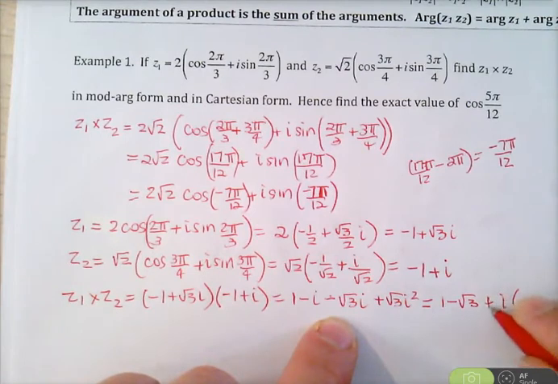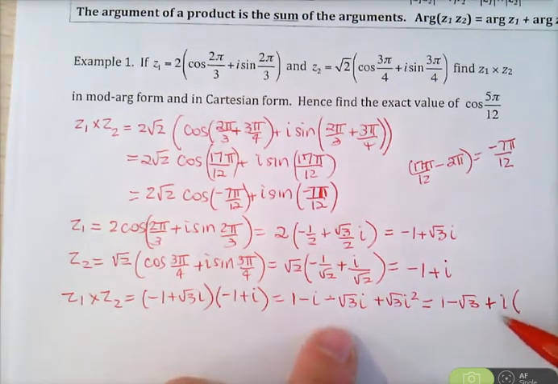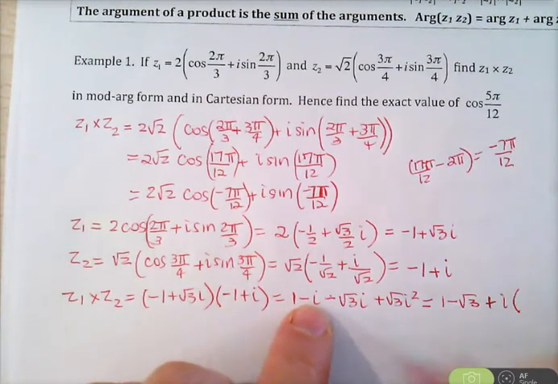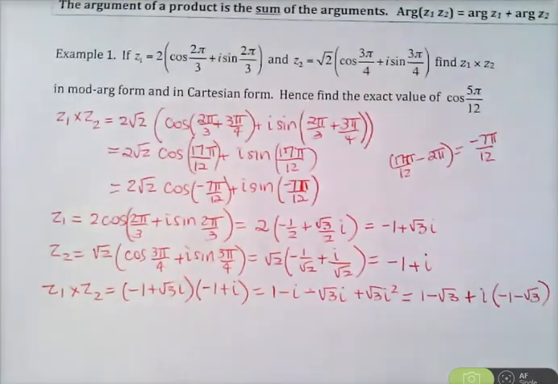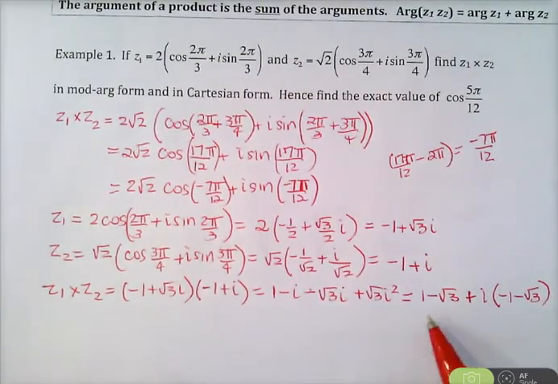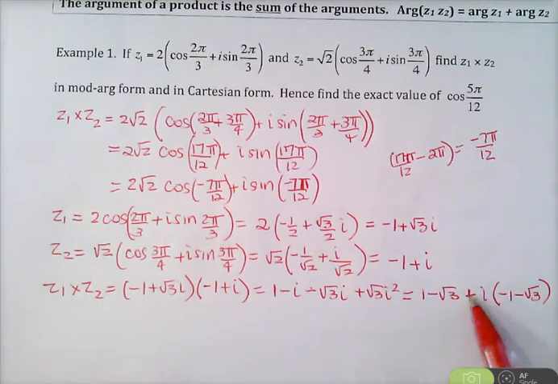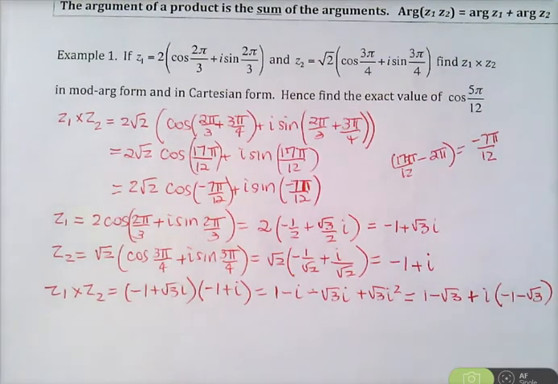Actually, I'll write it as plus i, because it really is cos θ plus i sin θ. So we go plus i, looking at the two terms with an i, (-1 - √3). Just as I said before, this has to be in the format of x + iy. We don't want a minus there.